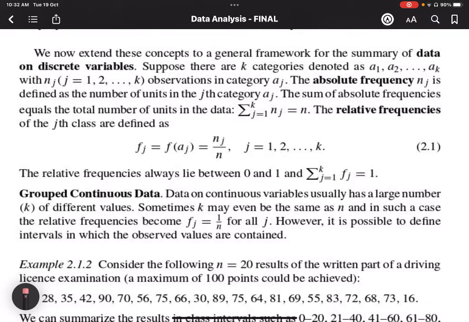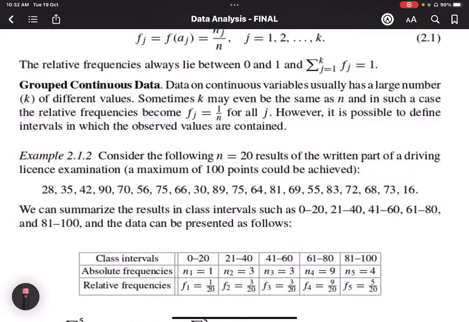So consider the following n equals 20. So we have the total number of observation of 20, which wrote part of a driving license examination. So we have the maximum 100 points, and we have the following total score, individual score. And we can summarize the result in a cluster such as 0 to 20, 21 to 40, 41 to 60, 61 to 80, and 81 to 100.